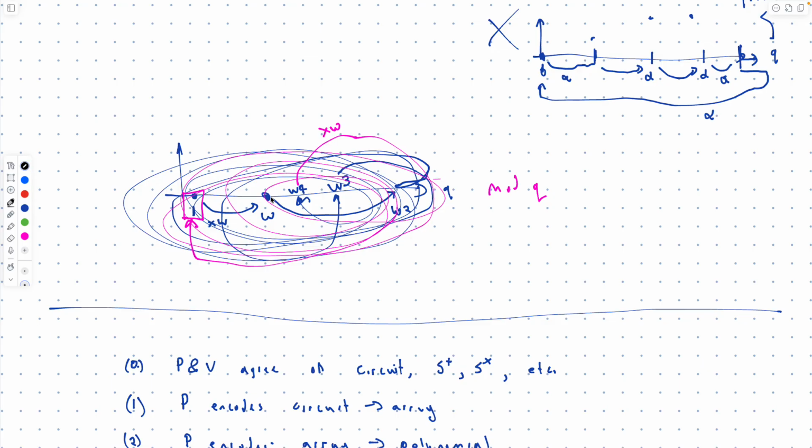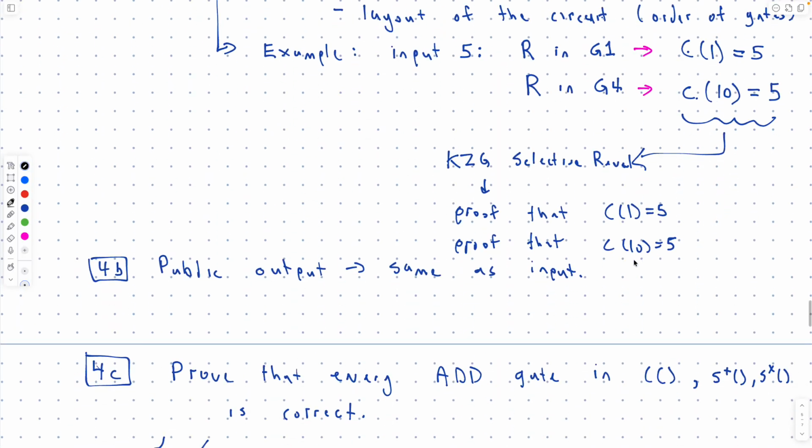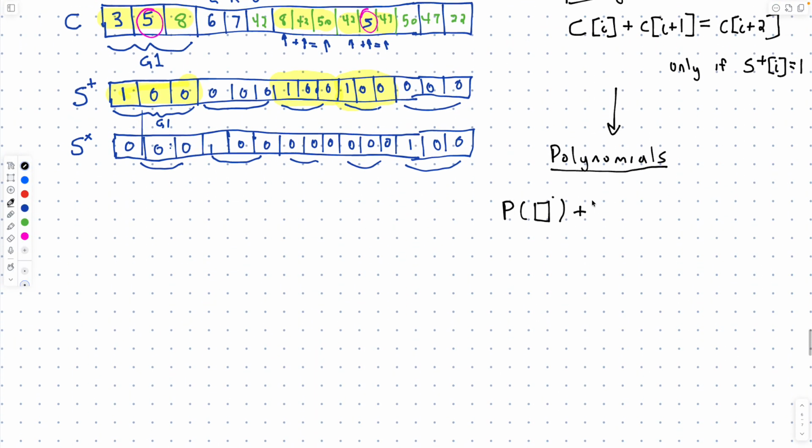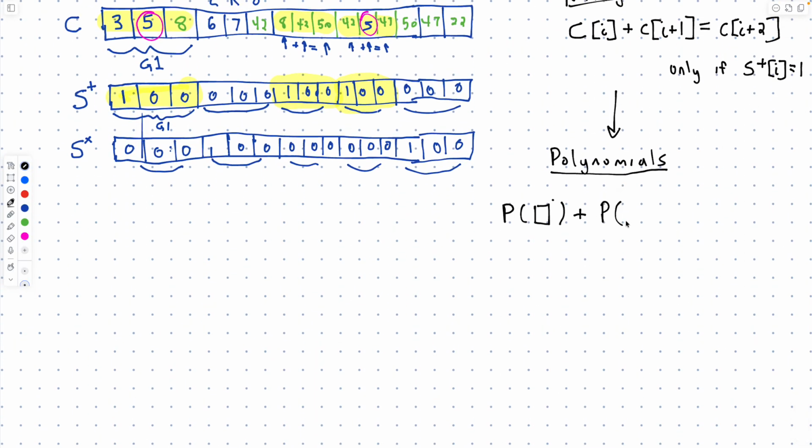Okay, so I'm going to multiply by omega. I multiply by omega, that gives me the next value over. So what I want to check is that P at box plus P at box times omega equals, now if I want to slide over 2, how do I do that?